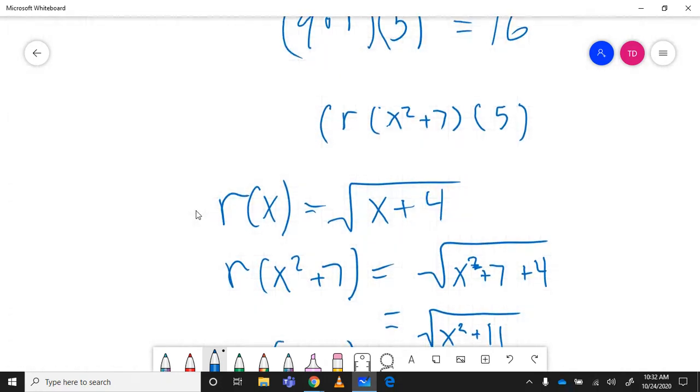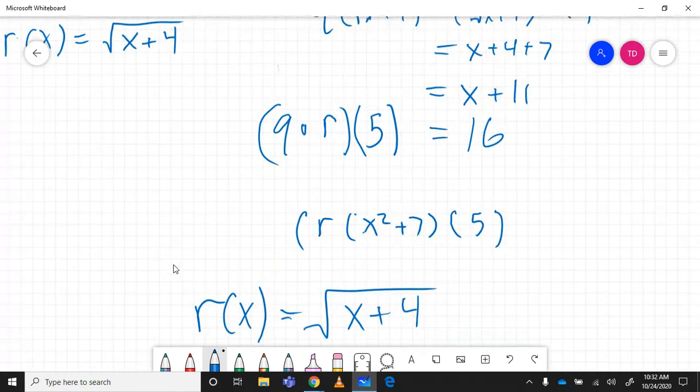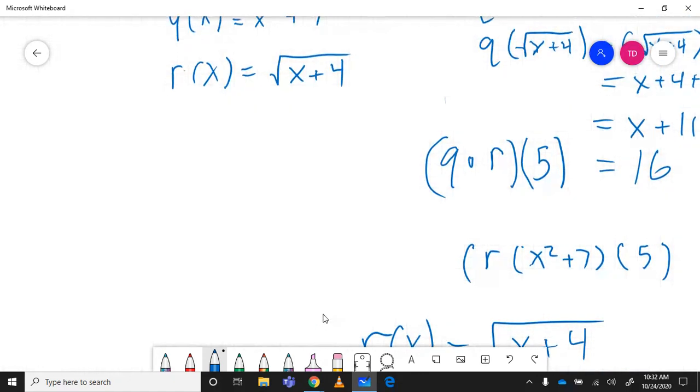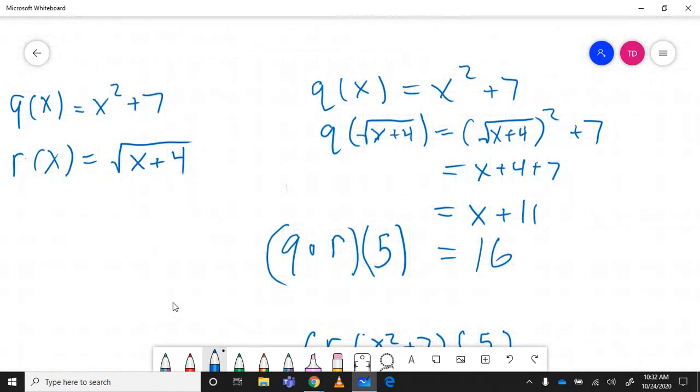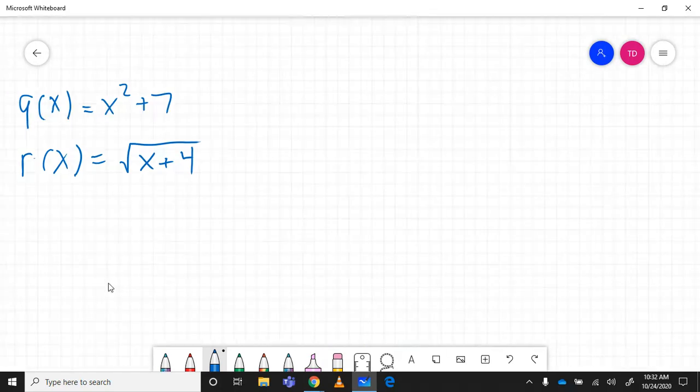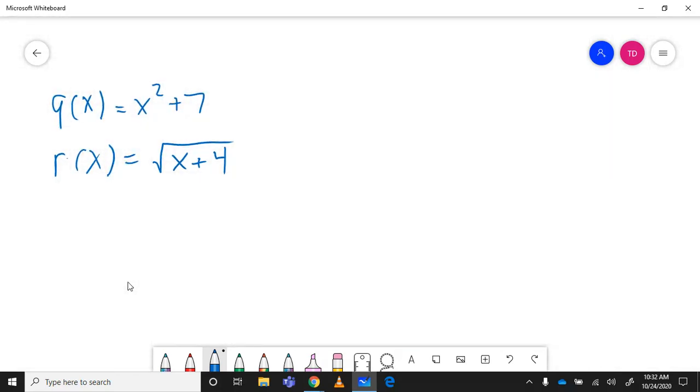So one of your solutions was 16, where the other solution was plus or minus 6. Okay, so the main idea on those composition of functions is just a brief review here before we finish up this example. When we're doing a composition of functions, whichever one is listed as the second one is the input to the first one.